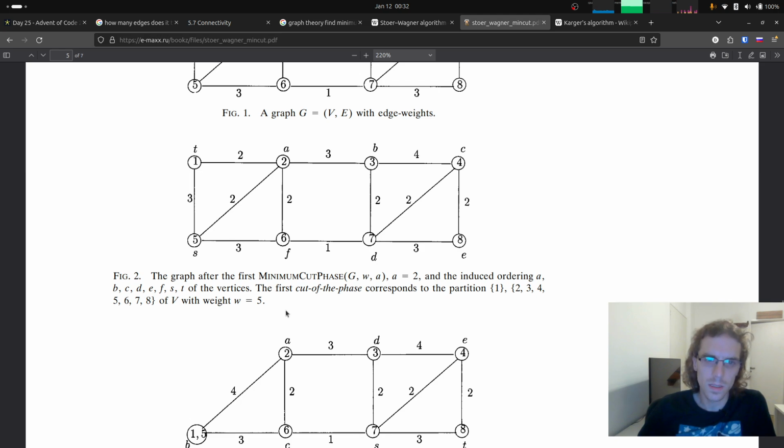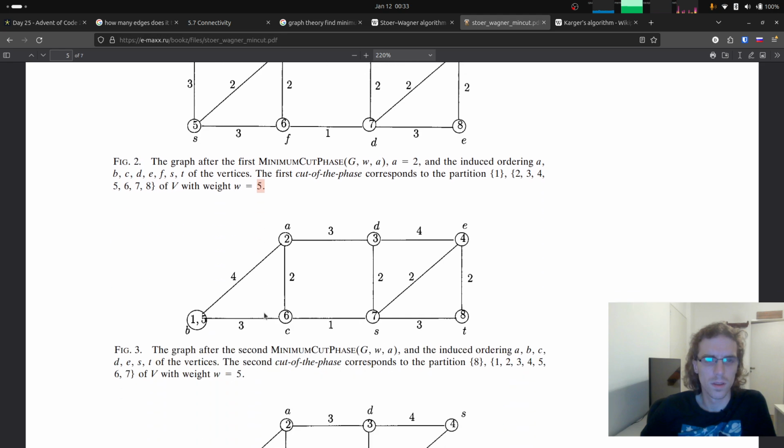So what does that mean? The first cut of the phase corresponds to partition 1, and then all the rest of it with a weight 5. So T is the last one, so I guess, I don't know, do you just sever the T node from all the rest and see what happens? With 5.